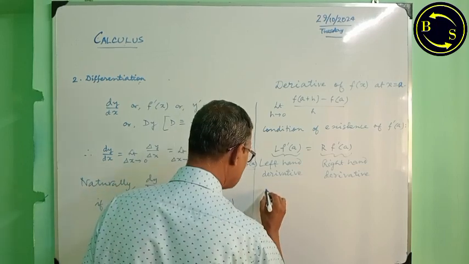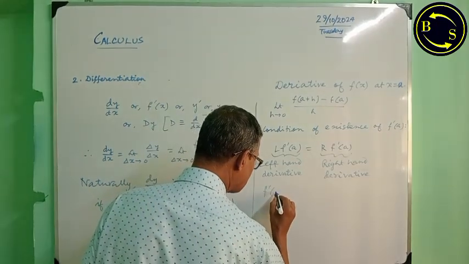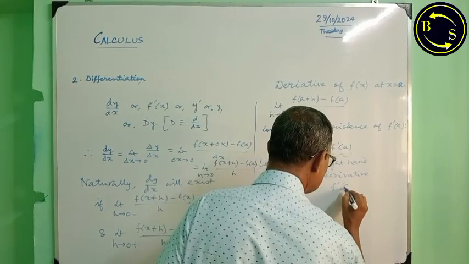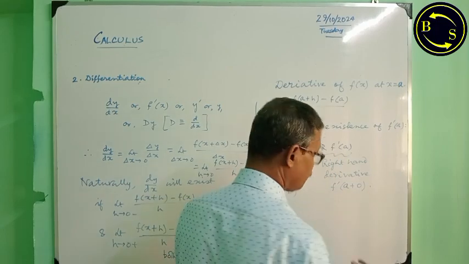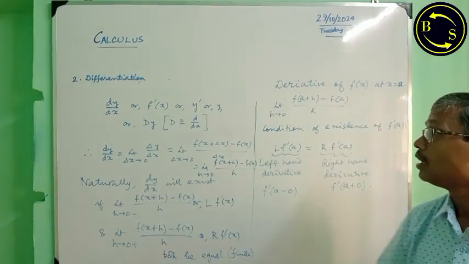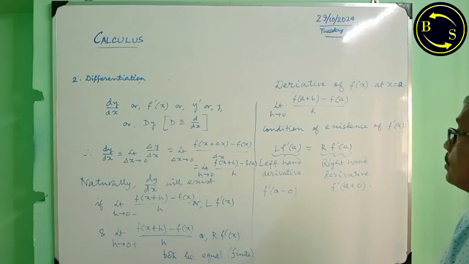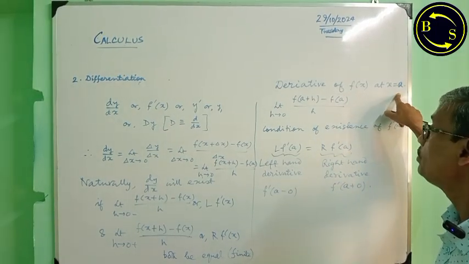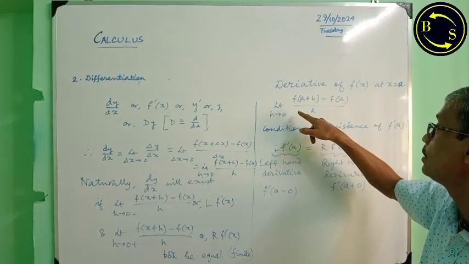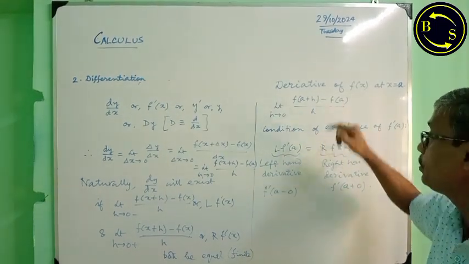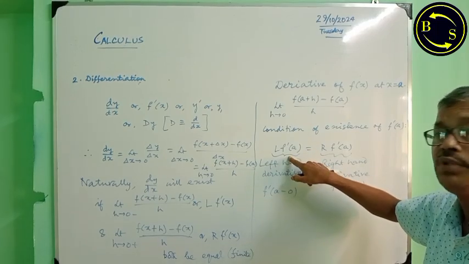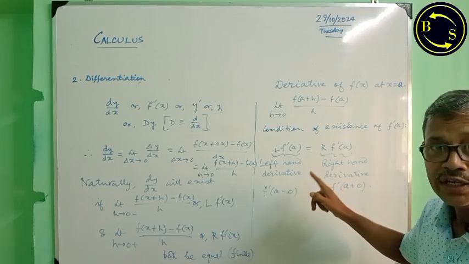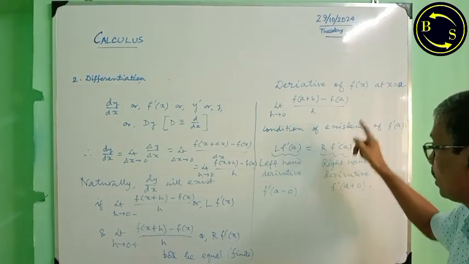The other symbol is f dash a minus 0 and this is f dash a plus 0. Therefore, the condition of existence of the derivative of the function f(x) at x equal to a is the existence of this limit, and this limit will exist if the left hand derivative and right hand derivative as x tends to a both are finite and equal. Therefore, the condition is this.